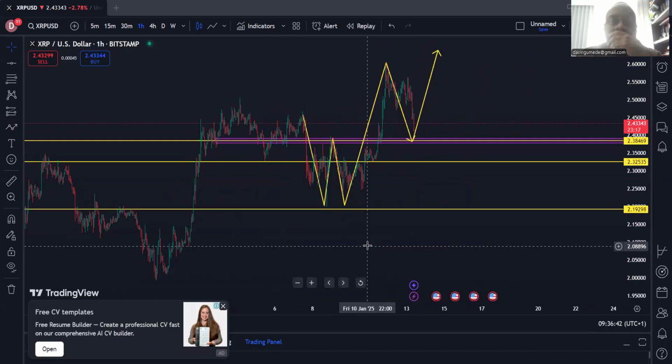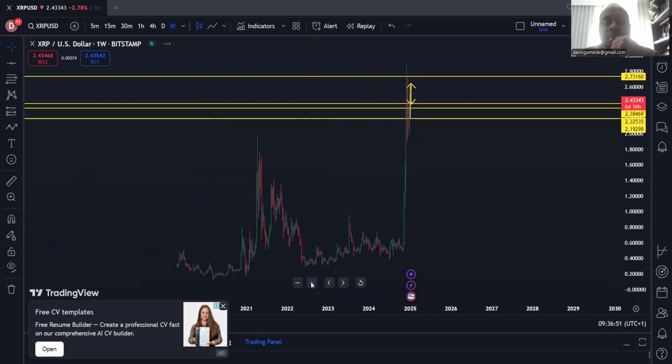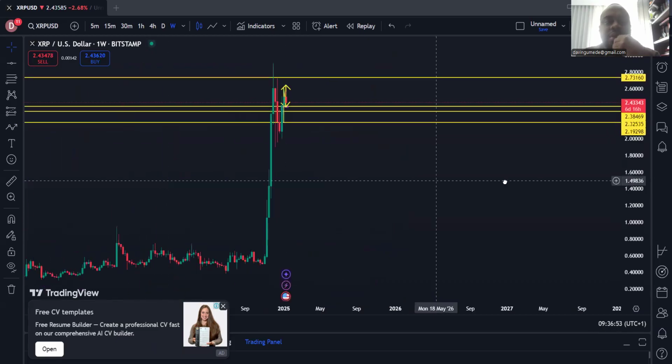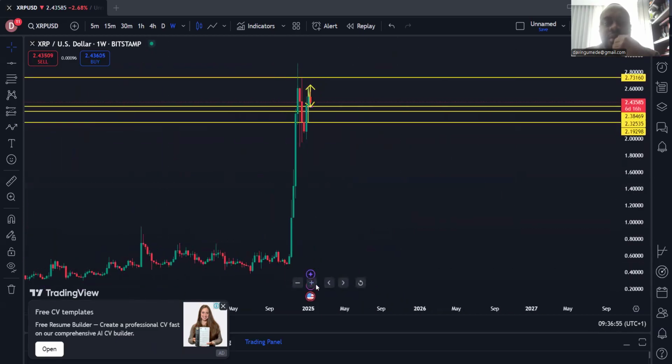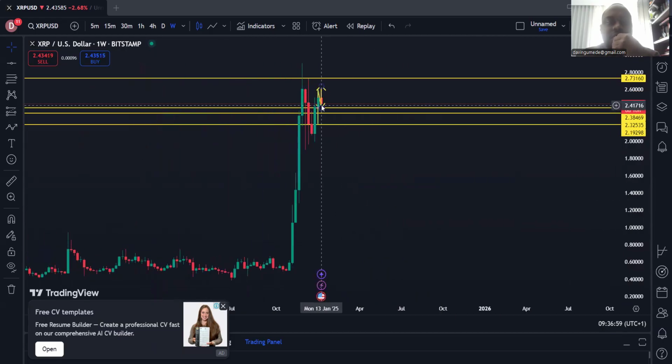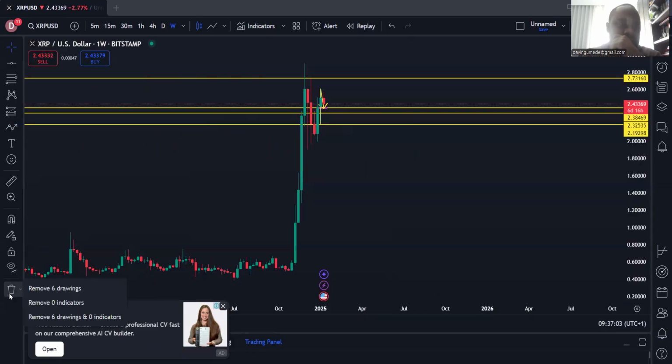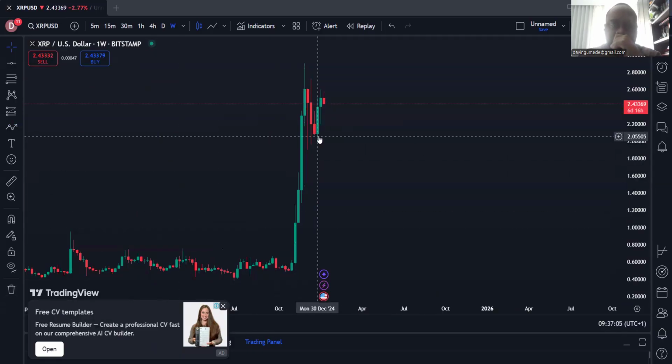I think the weekly candlestick that is still in the process of forming as we speak could possibly be just creating the wick at the bottom here. So if I just delete this, let's delete all the drawings. Sorry.